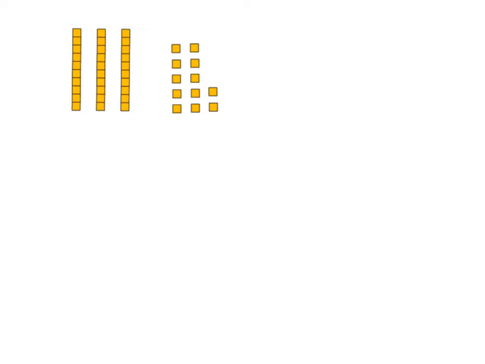Remember, I can trade 10 ones for a 10. Now how many tens and ones are shown? Now there are 4 tens, 2 ones. We just traded 10 ones for a 10. The amount was the same, it just looks different now.